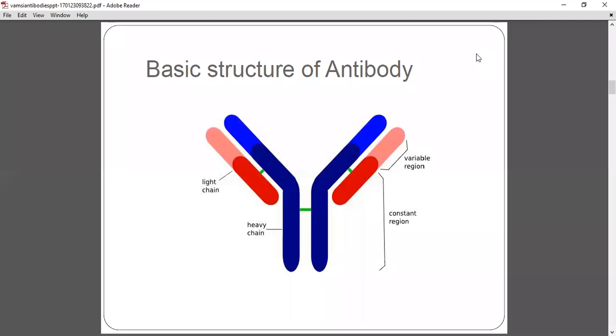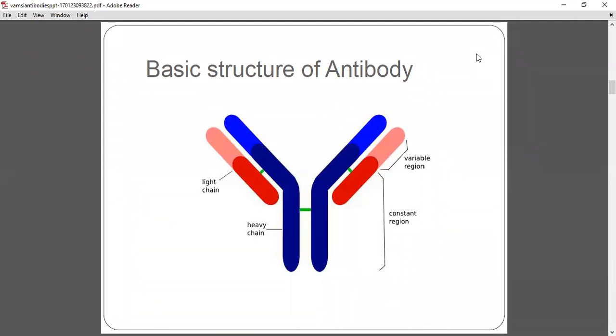Then on the right side, you'll see an opened-up line reading constant region, as opposed to the variable region on the outside of the reddish component. Both of these have a significant function based on the amino acid sequencing.